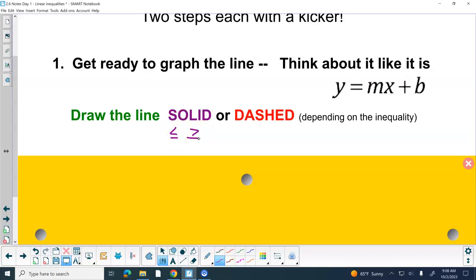So when you go to graph your line, you gotta tap the brakes a little bit and decide if your line's gotta go dashed.